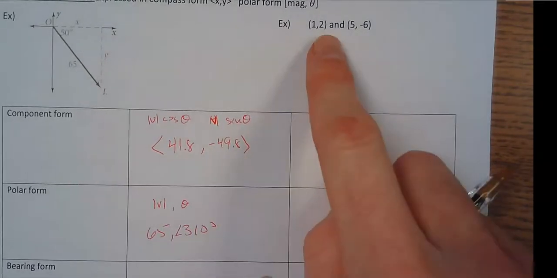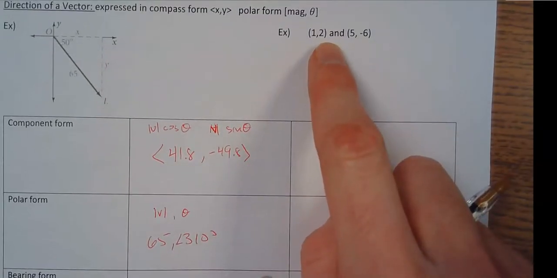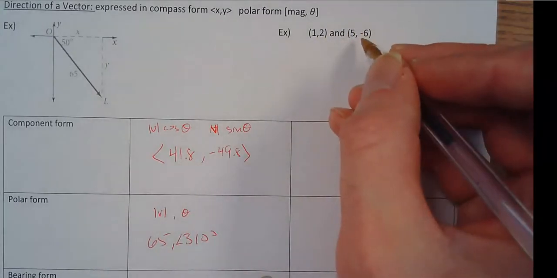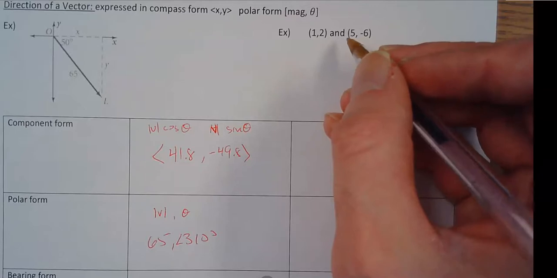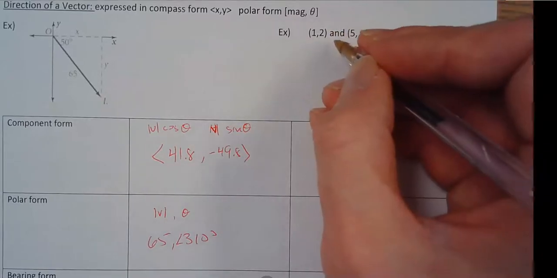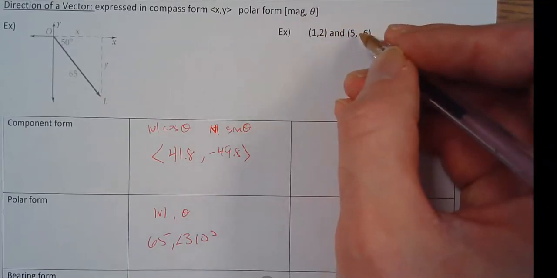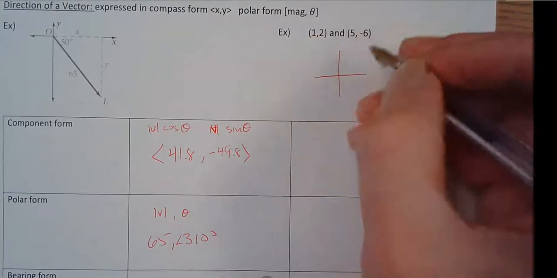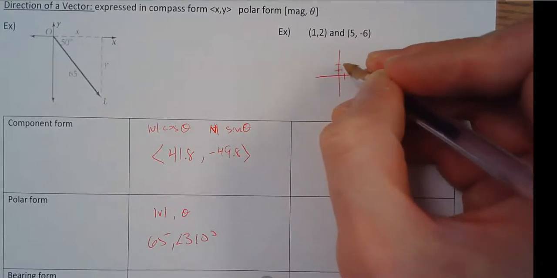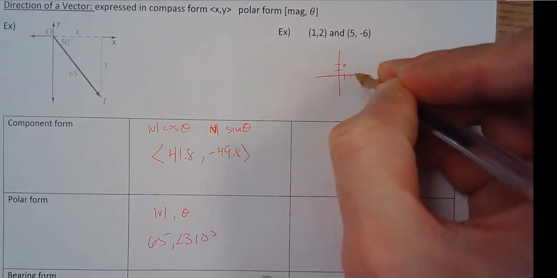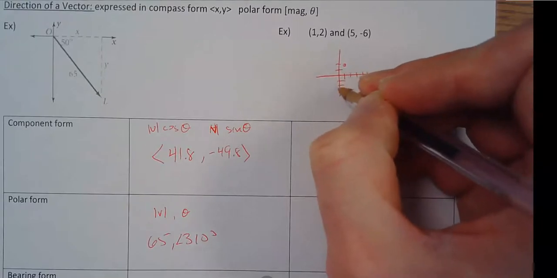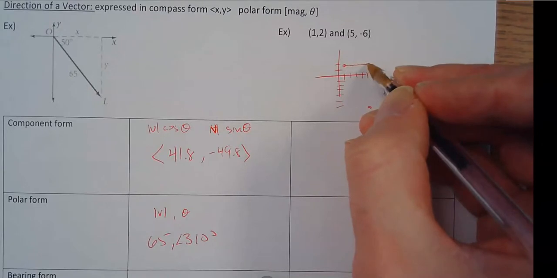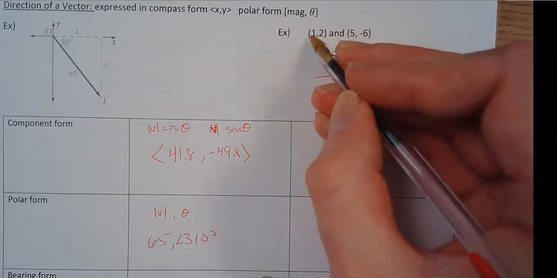So on this guy, when I want to find this, I don't have my component. I can't do my component form here. I don't have the magnitude or the direction, so I have to do a little bit of work myself. So I'll find the magnitude first. So from 1, 2 to 5, negative 6, I think if I plot that, to get from 1 over to 5, that was 4 units, so 5 minus 1 is 4.